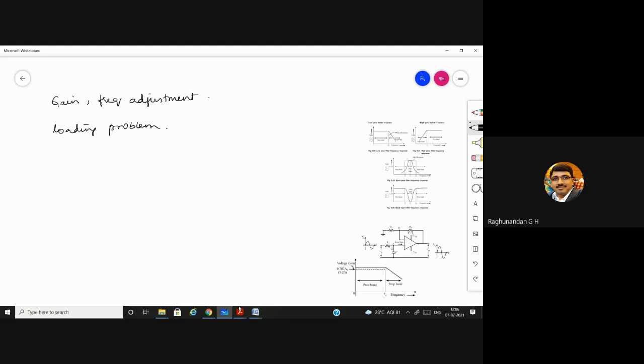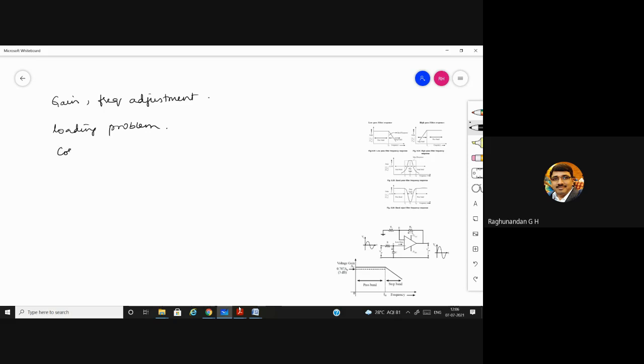Because, as you know, an op amp or transistor or any amplifier will have high input impedance and low output impedance. So because of this, the active filters will not cause any loading effect on the source or on the load.